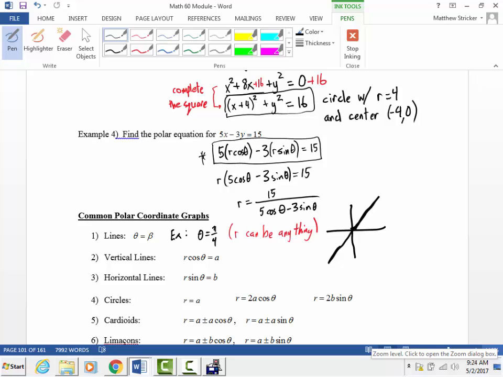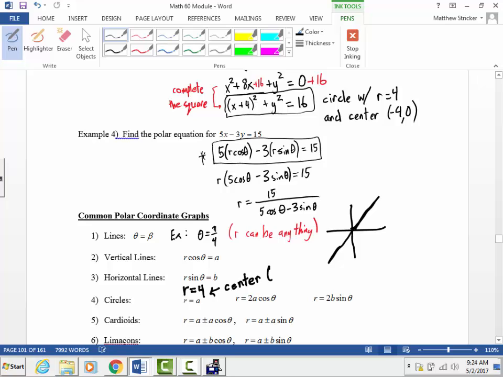This is like the first one we did, like r equals 4. Where's the center of that one? Origin, yeah. So with those types, the center is at 0, 0.